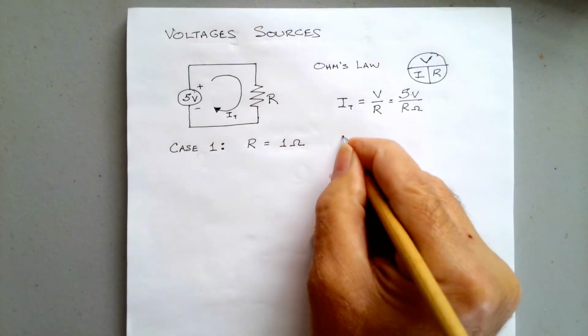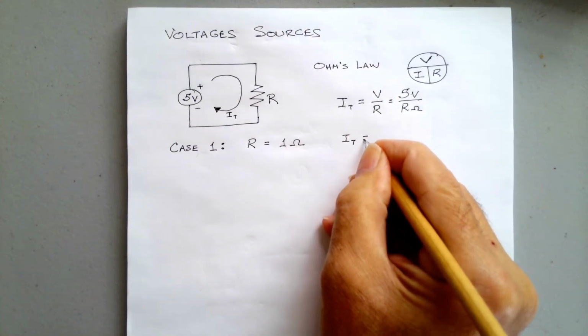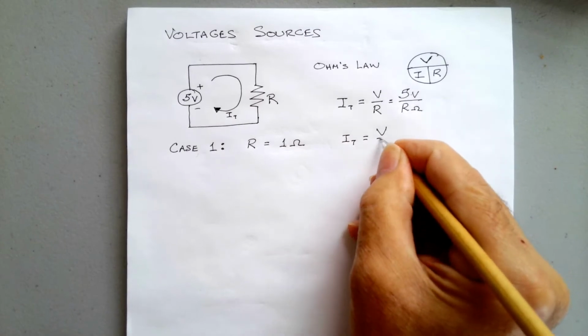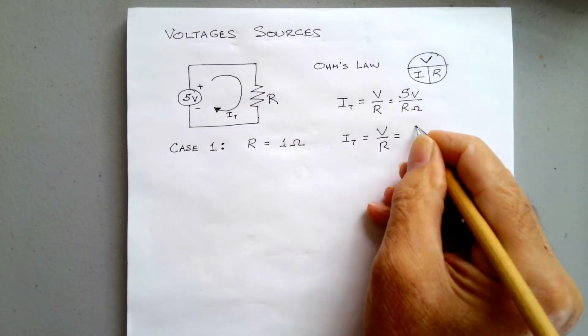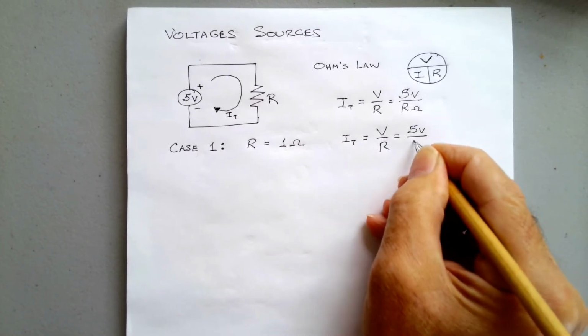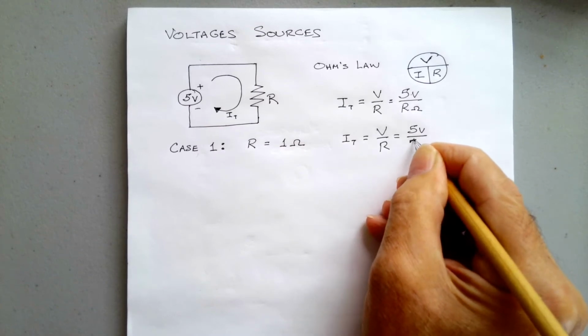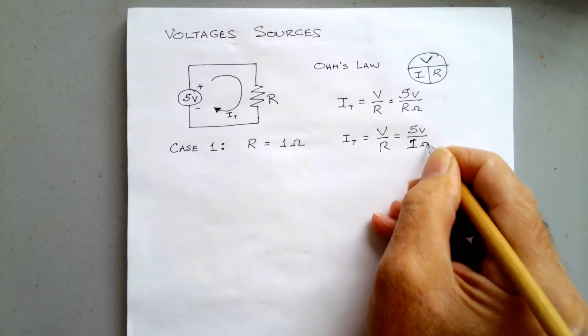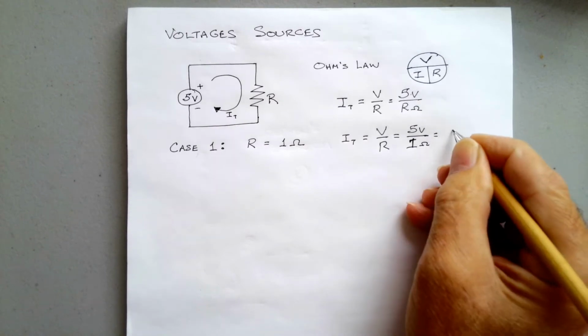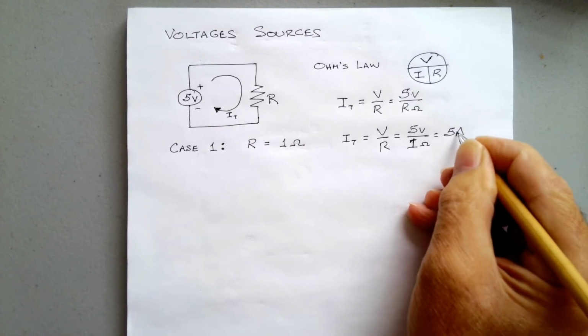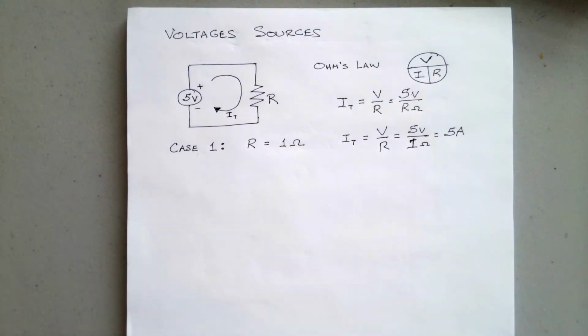Well, in that case, I total is going to equal V over R equals 5 volts over 1 ohm, and it's going to equal 5 amps. So in order to make that true, I'd have to have a power supply that's capable of delivering 5 amps to that load of 1 ohm.